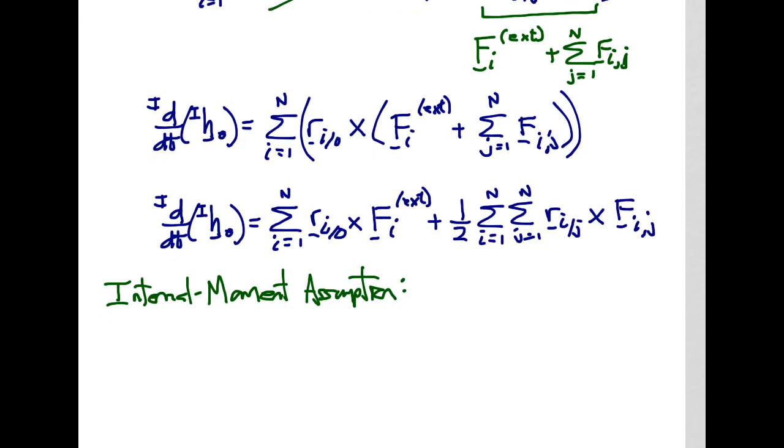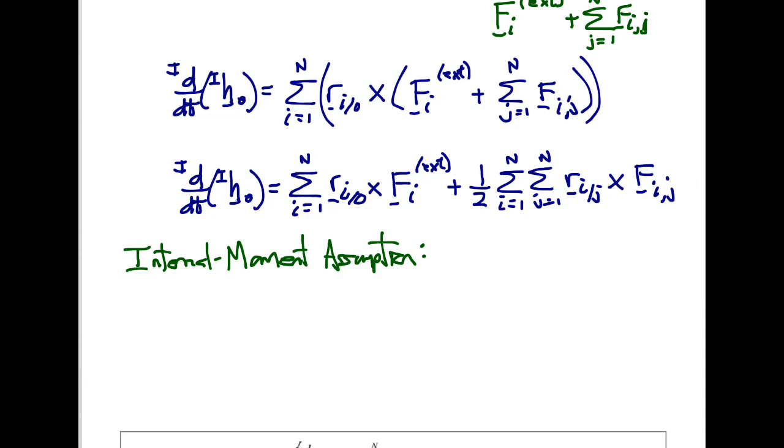With the internal moment assumption, the internal moment being this term here, r_i with respect to j crossed with F_ij, the force on i by j rather, we're saying that this term, 1/2 summation of i from 1 to n, summation of j from 1 to n of r_i with respect to j cross with the force on i by particle j, is equal to 0.